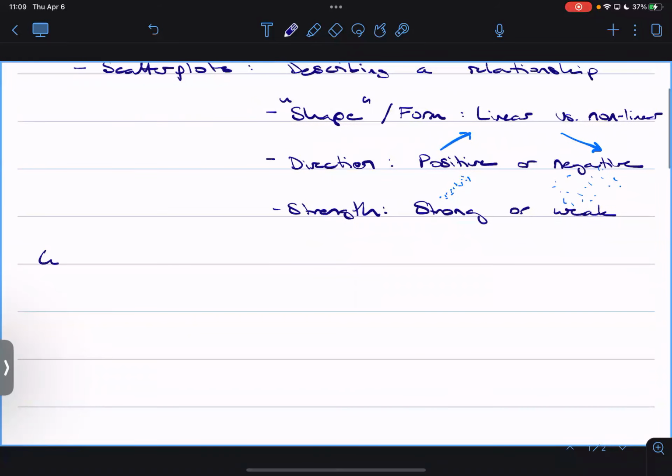All right, so the correlation we talked about. Correlation is a numerical measure of the direction and strength of a linear relationship.